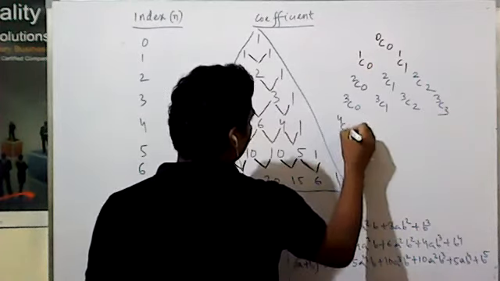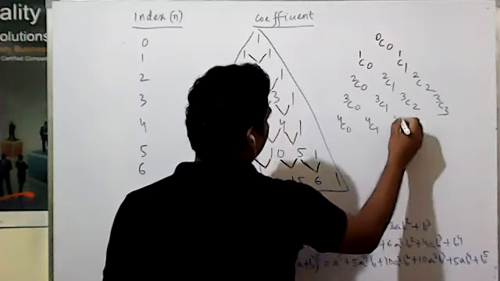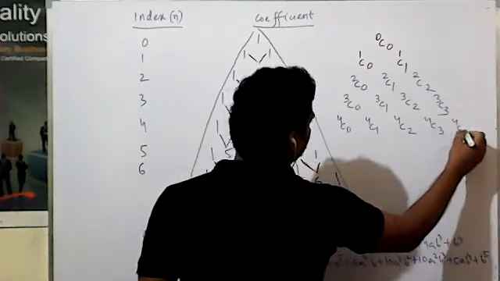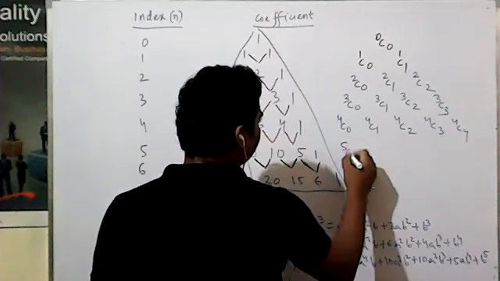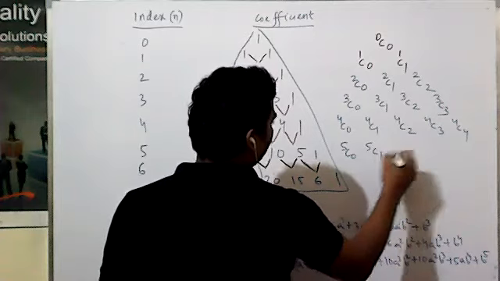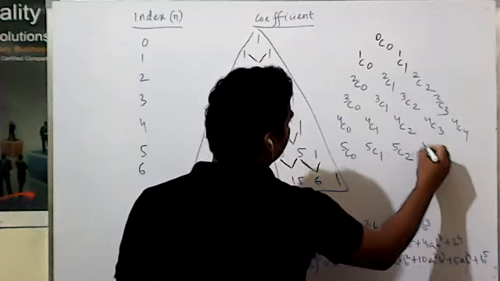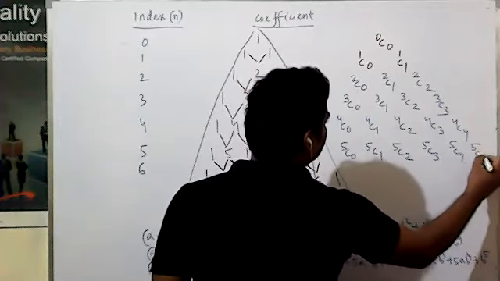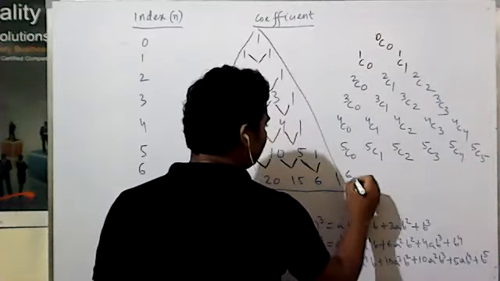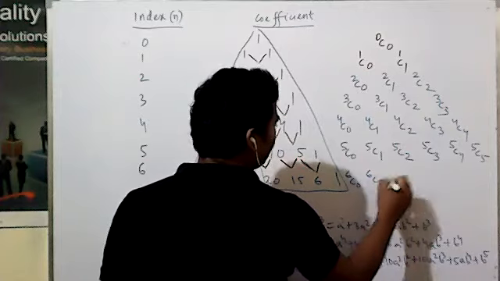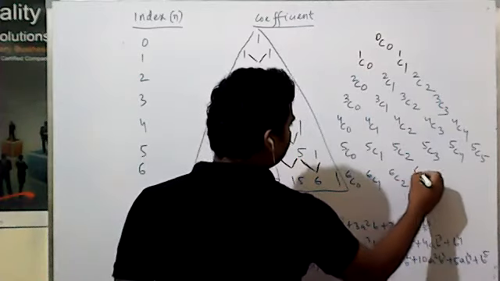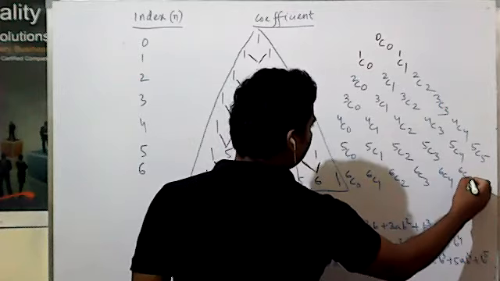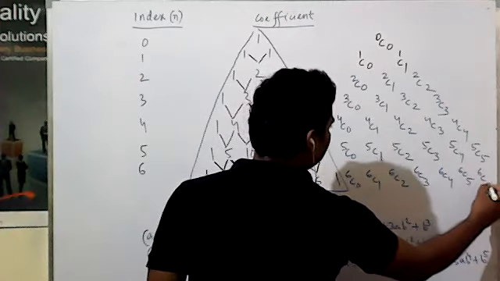Then 4C0, 4C1, 4C2, 4C3, 4C4. Similarly 5C0, 5C1, 5C2, 5C3, 5C4, 5C5. Then 6C0, 6C1, 6C2, 6C3, 6C4, 6C5, 6C6.